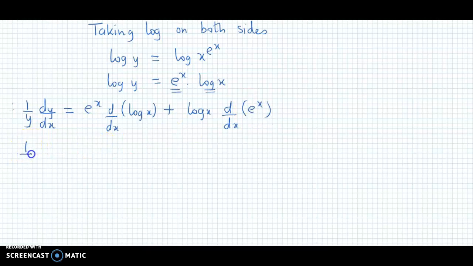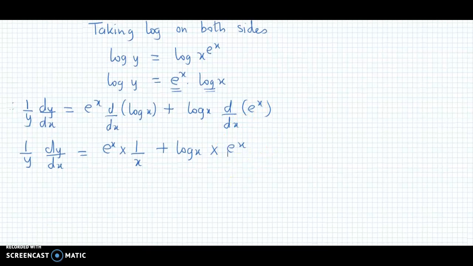So proceeding further, we have 1 by y dy by dx is equal to e raised to x into, now the derivative of log x is 1 by x, plus log x into the derivative of e raised to x, which is e raised to x.